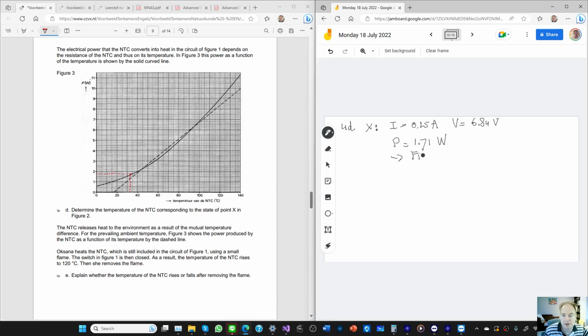So figure 3 tells us that T of the NTC equals about 33 degrees Celsius.